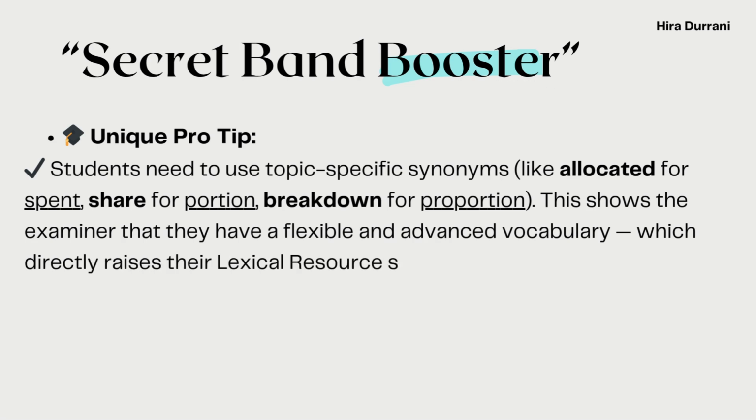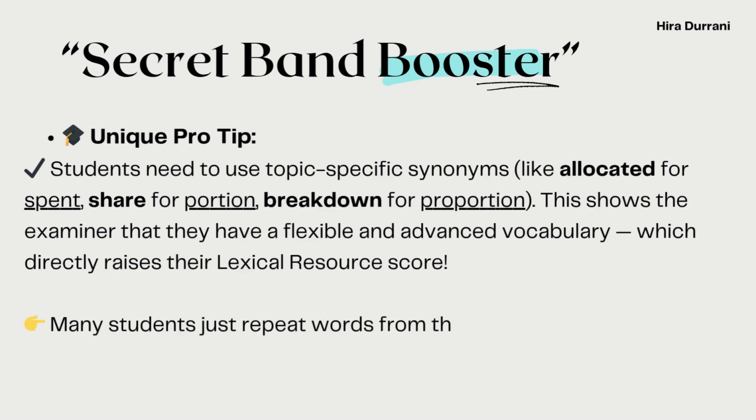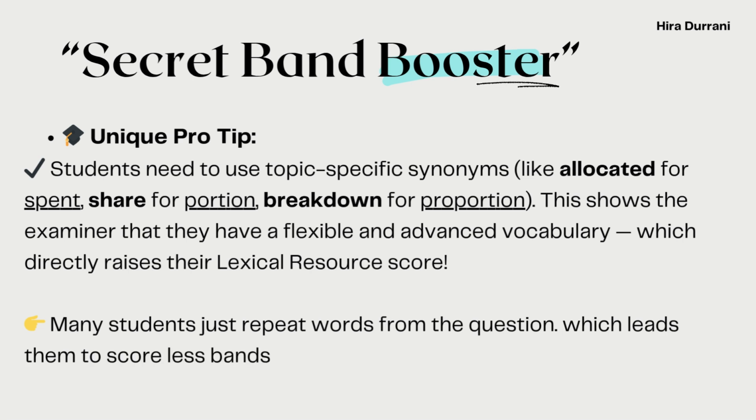Now these are the words I have used, which shows the examiner that they have a flexible and advanced vocabulary, which directly raises their lexical resource score, like what kind of lexical words they are using, how strong their vocabulary is, how advanced is their vocabulary.